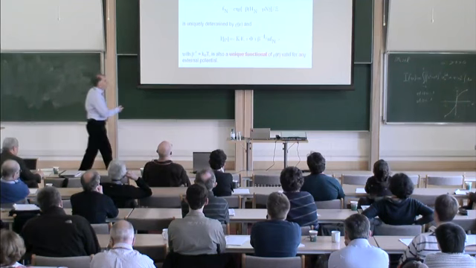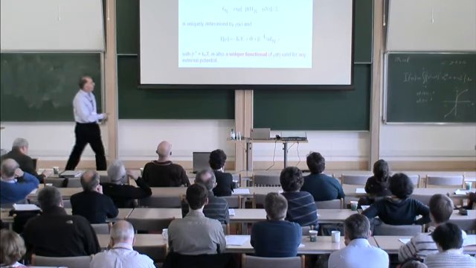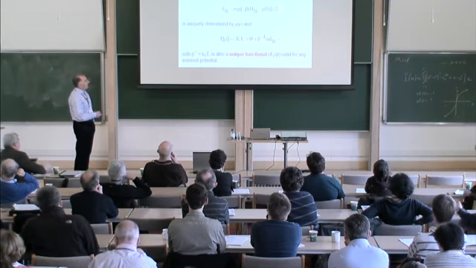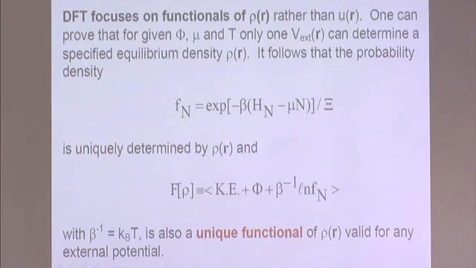You consider a probability distribution, the usual one in the grand canonical ensemble. Remember, this is the partition function. You show that this is uniquely determined by the density, and so this object, which is called the intrinsic free energy functional, why? Because this is kinetic energy plus potential, so this is internal energy, and this is minus Ts.